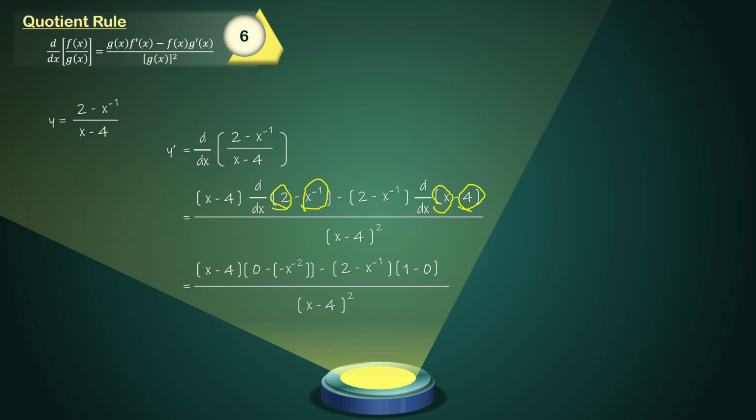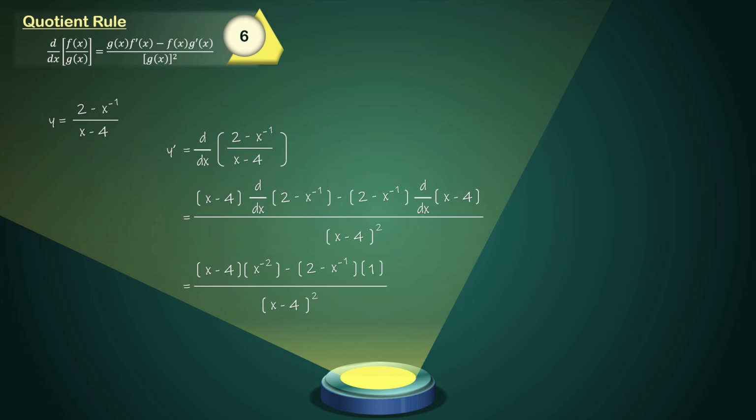Simplify. 0 minus negative x raised to negative 2 is positive x raised to negative 2, and the difference of 1 and 0 is 1.